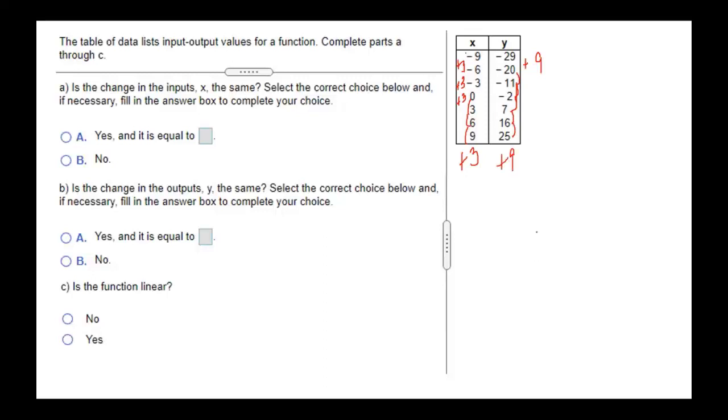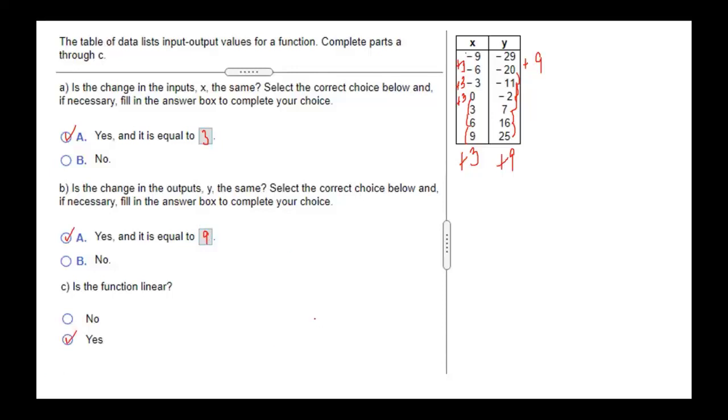So all of those increase by 9. So I kind of went ahead and did it together, but is the change in the x inputs the same? Yes, and it's equal to 3. Are the changes in the outputs the same? Yes, and it is equal to 9. So is the function linear? Yes.